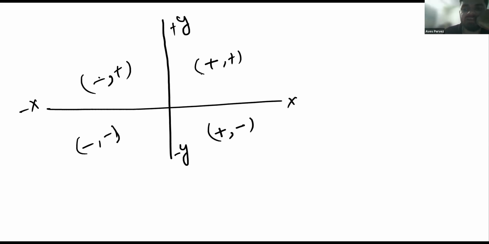For example, if I'm asking what is the equation of this line, if a point lies on a number line, for example if I have 1, 2, 3, 4, and this is 0 here, this is -1, -2, -3, -4. If a point lies over this point here, what is the coordinate of this point? Tell me.